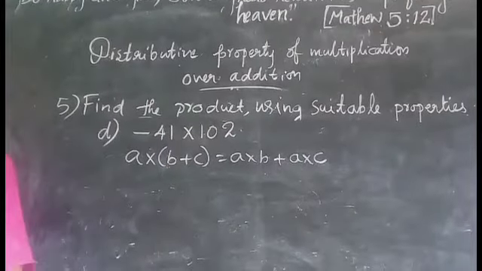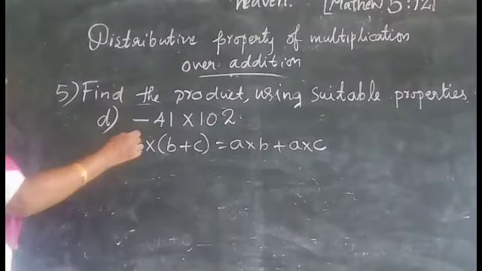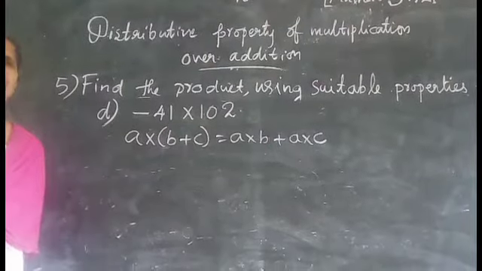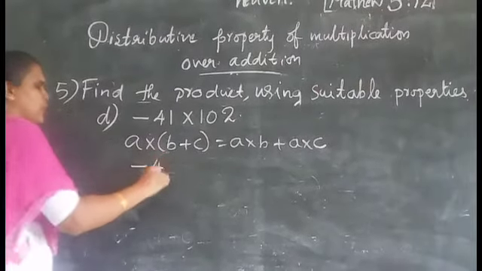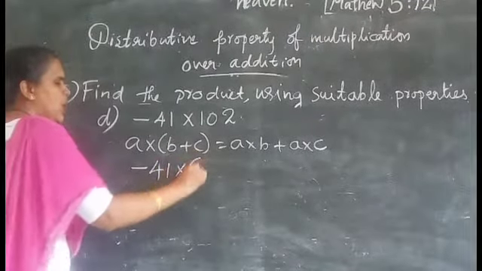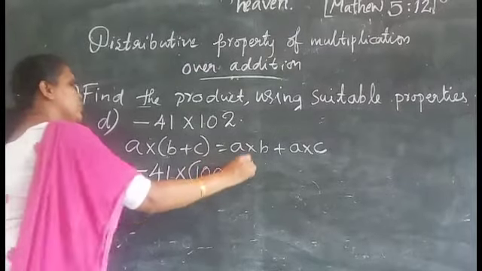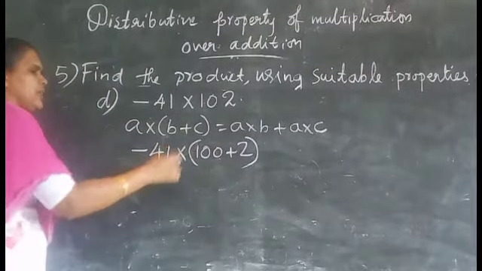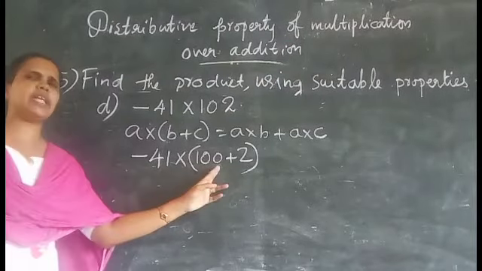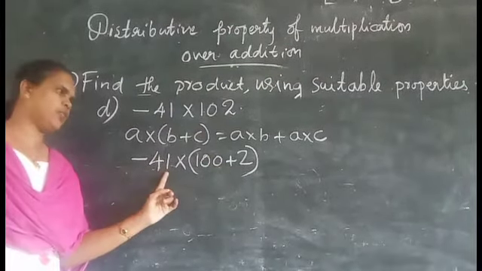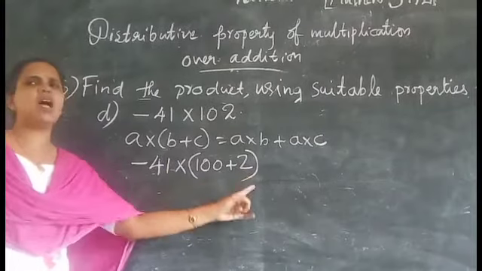That is easy to get. But how can you split 102? 100 plus 2. Negative 41 into 100 plus 2. Now how many numbers are there? Now there are 3 numbers: negative 41, 100 and 2.